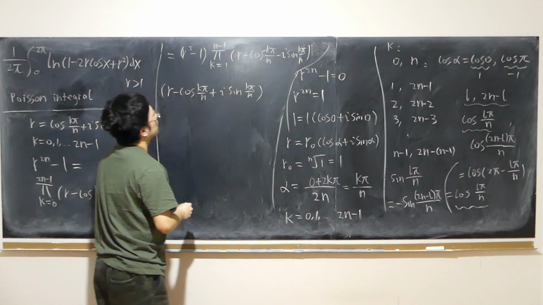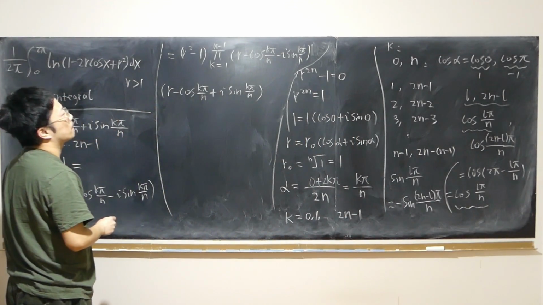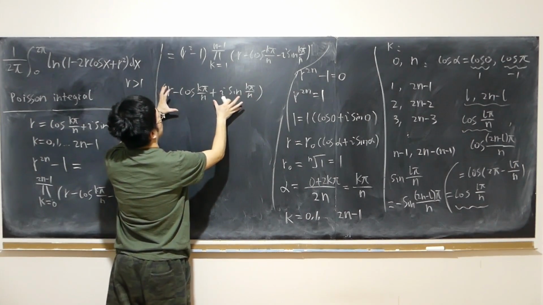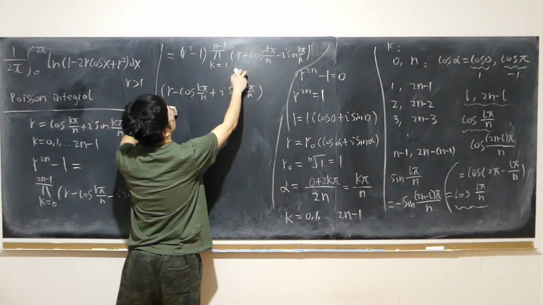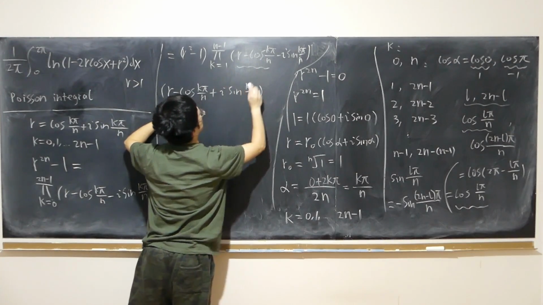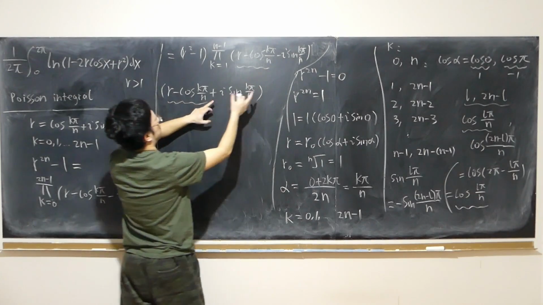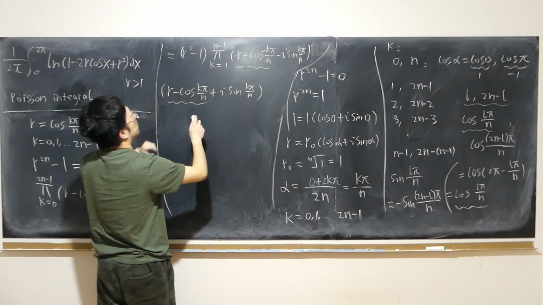That's why I just need to multiply this bracket and that bracket. If I treat this as a whole entity, then that's minus, that's plus, the difference of perfect squares.